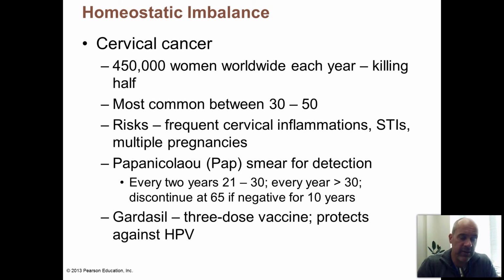And so the Gardasil vaccine helps protect against the strains that are the most likely to cause cervical cancer. HPV, human papillomavirus, also causes penile cancers in males. It causes pharyngeal cancers of the throat as well. And so these vaccines that are available are designed to help protect against those infections.